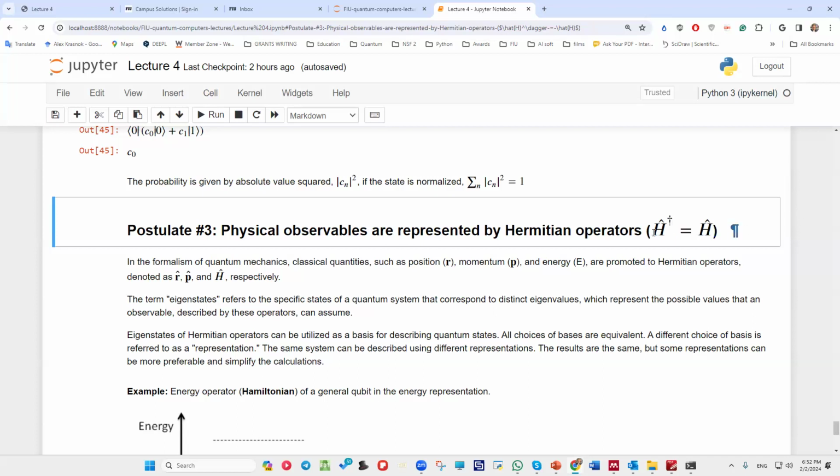That's why we use Hermitian operators to represent physical things, because what we measure is always real valued, not complex. And another property of Hermitian operators is that eigenstates of Hermitian operators are orthogonal. So we can use the eigenstates of Hermitian operators as a basis in the Hilbert space to represent a state of a quantum system.